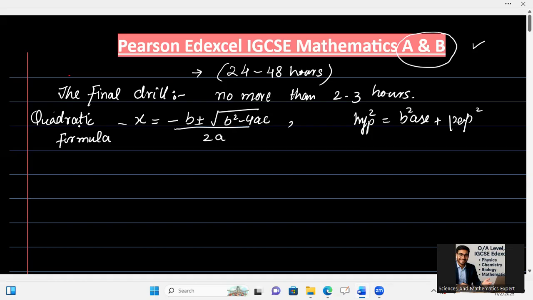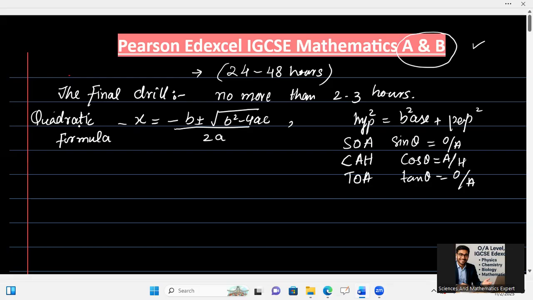And for the trigonometric ratios, SOHCAHTOA, in which sine theta is equal to opposite over hypotenuse, cos theta is equal to adjacent over hypotenuse, tan theta is equal to opposite over adjacent. All these are the trigonometric ratios according to your syllabus.